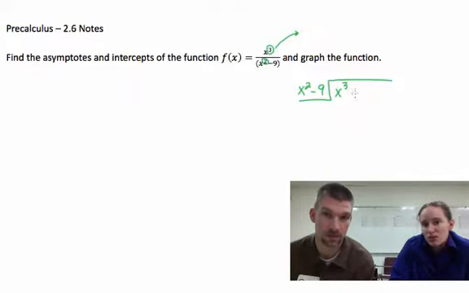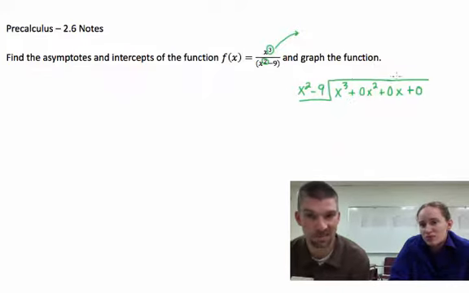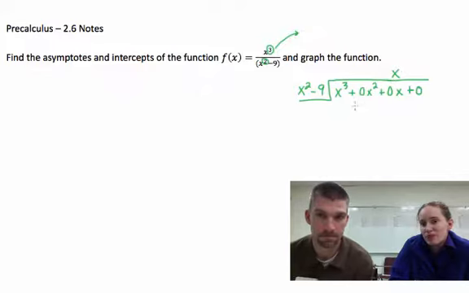We only have an x cubed here, so this is kind of like a placeholder, where when you have 1,000 and you try to divide, you still have those other zeros. So make sure you put those other zeros there. x squared times what is x cubed? x. So I put an x above, and then I multiply. x squared times x is x cubed.